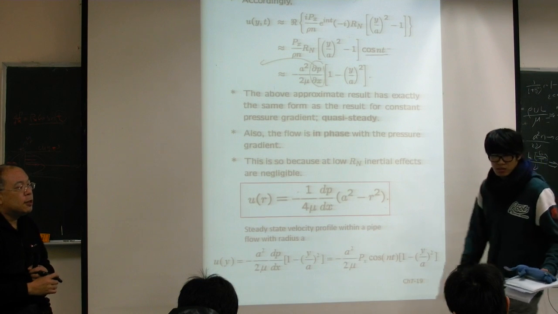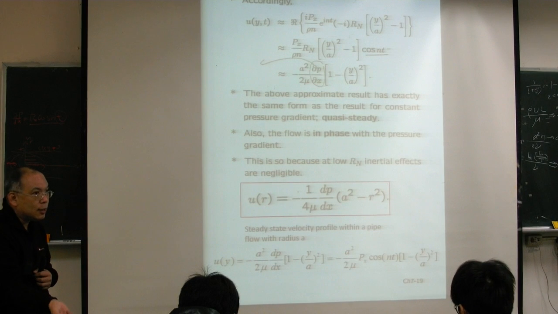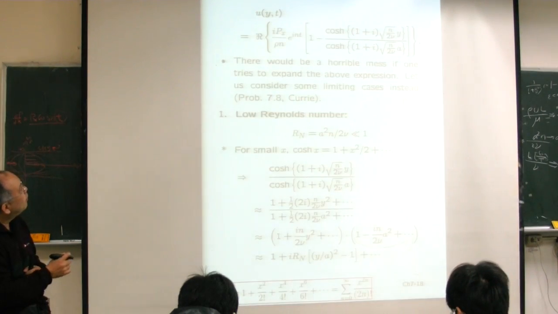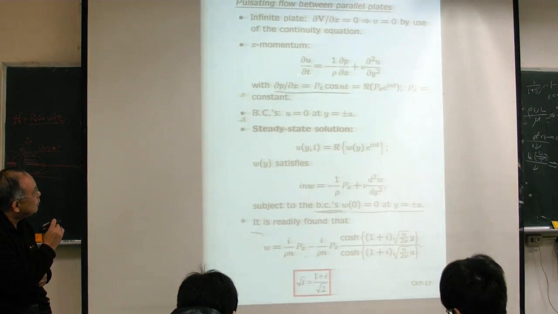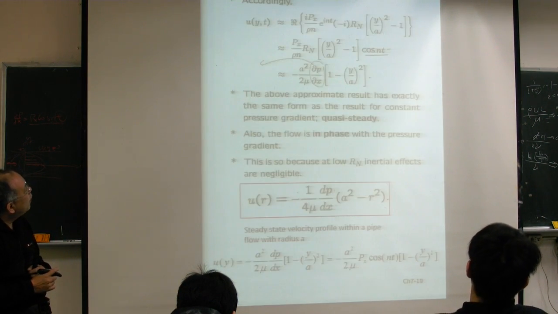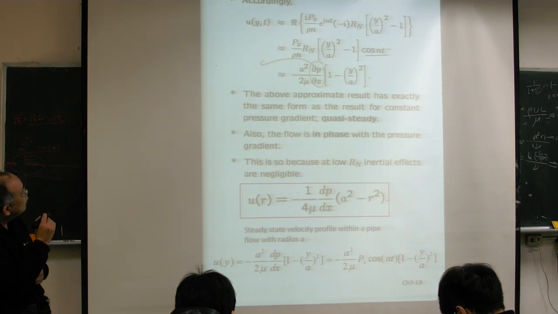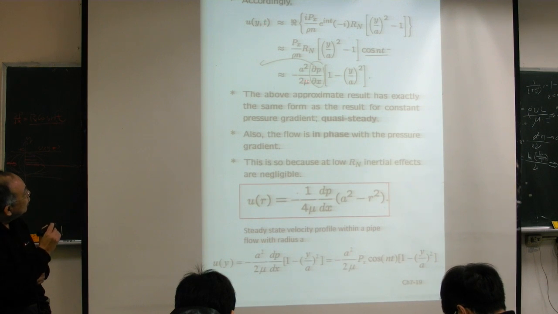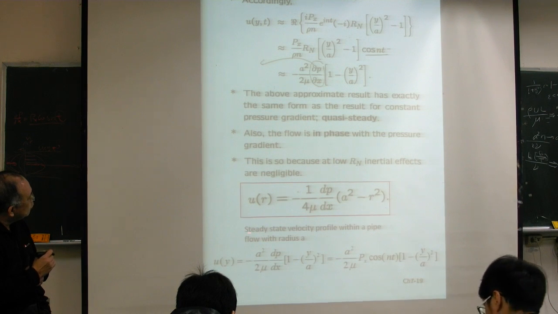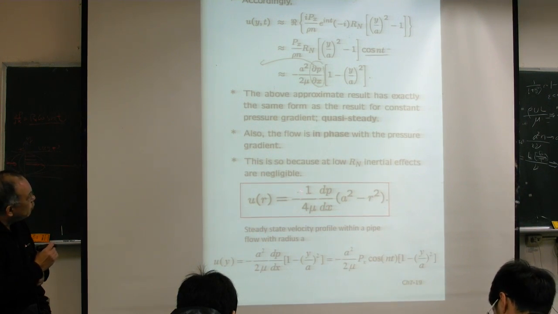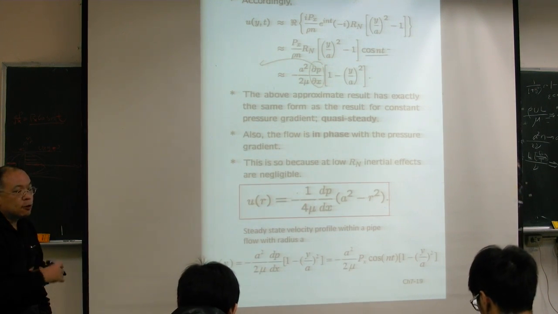Even though this physical problem is an unsteady pipe flow, a pulsating pipe, with an unsteady term here, and our velocity profile is a function of time, our solution form is almost the same as the steady state solution form. So what's the physical meaning?